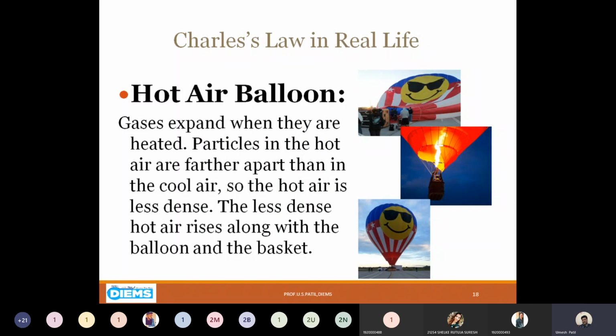Here in the hot air balloon, the pressure is kept constant at atmospheric pressure. The value of atmospheric pressure at sea level is 1.01325 bar. If we start the burner of the hot air balloon, whatever air is present in the balloon will start to get heated.